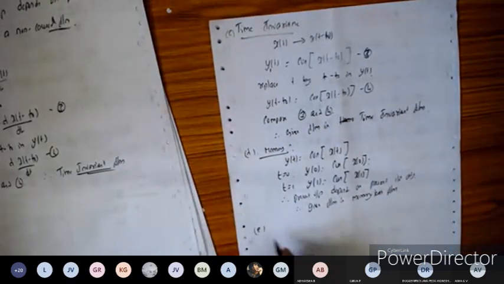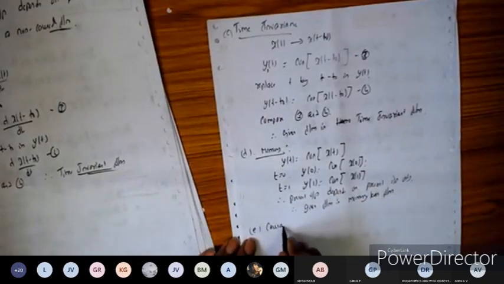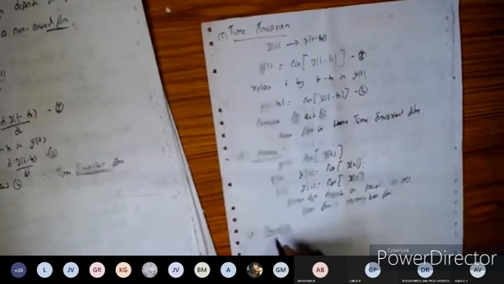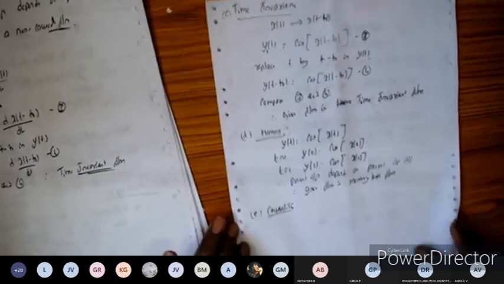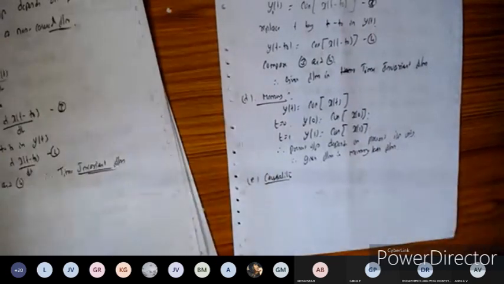Similarly, I can say the causality also. It's a causal system because it does not depend on the future values of the input. Check for the causality.